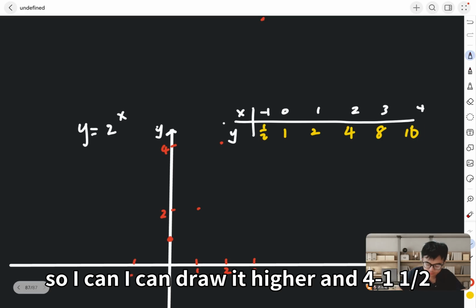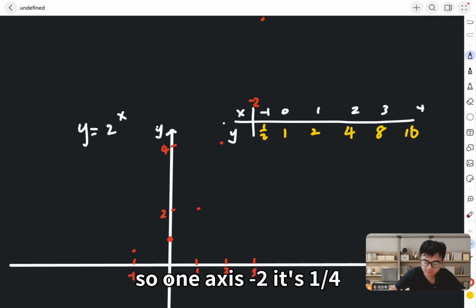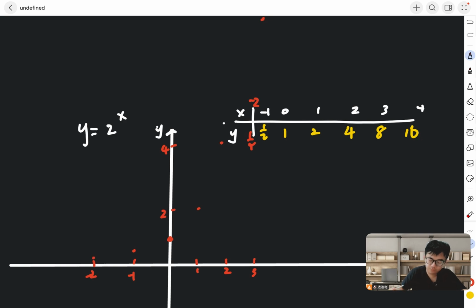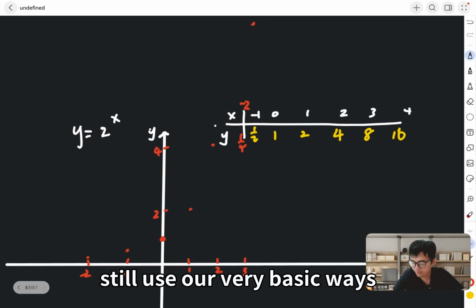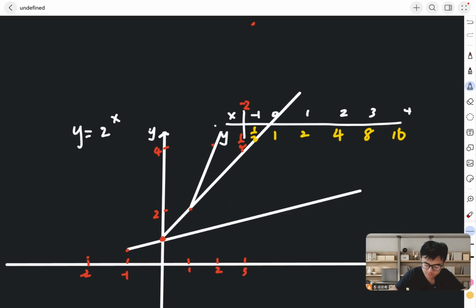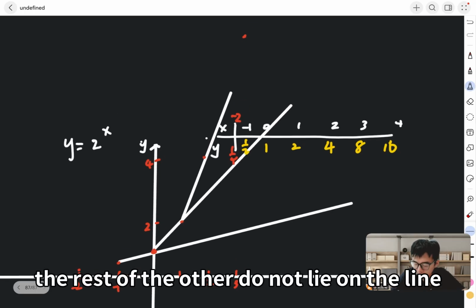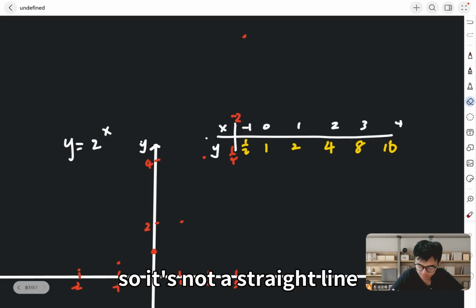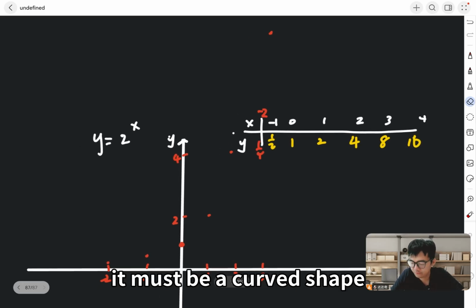And (-1, 1/2). So when x is -2, it's 1/4. So still use our very basic ways. If we connect any 2 points, the rest of the points do not lie on the line. So it's not a straight line. It must be a curved shape.